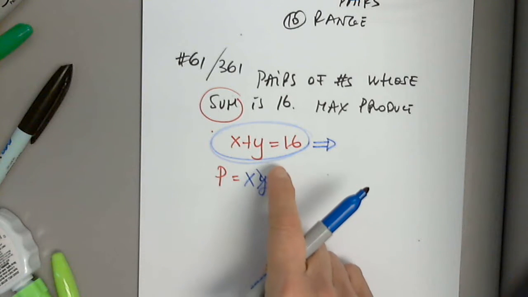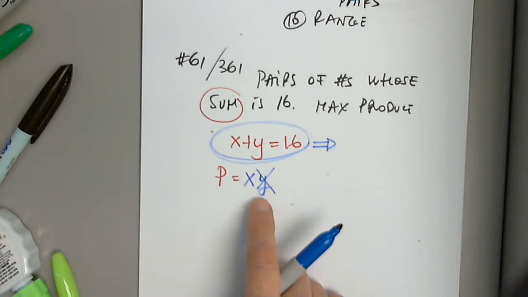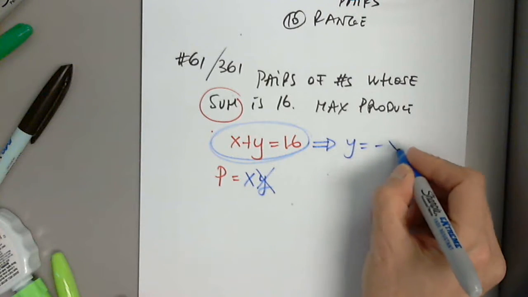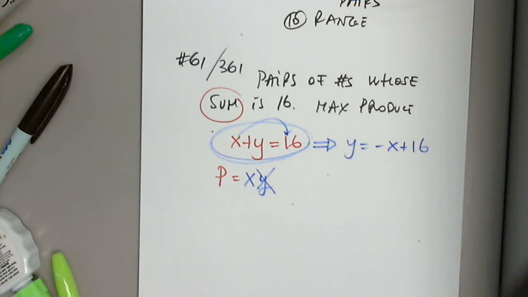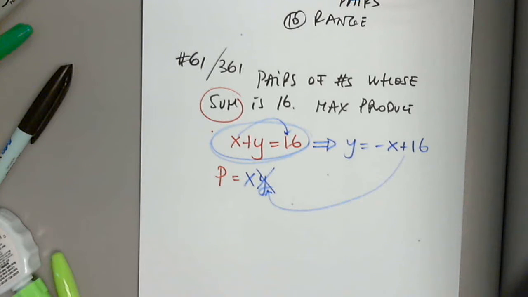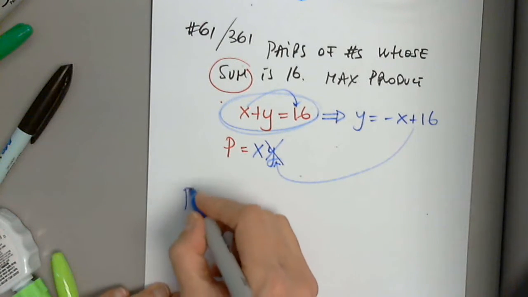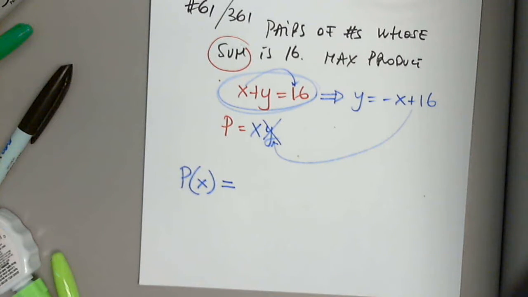I will solve this equation for y because I want to eliminate y. So then y will be negative x plus 16. I move x to the other side. Then I will replace y in the formula for the product. So now I can say the product will be a function only of x, and that's what I need.